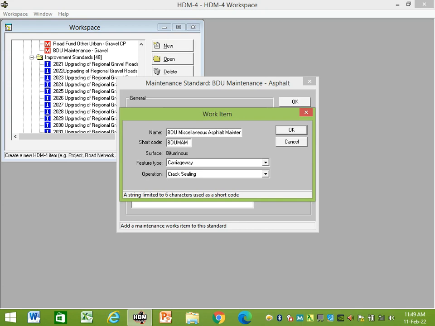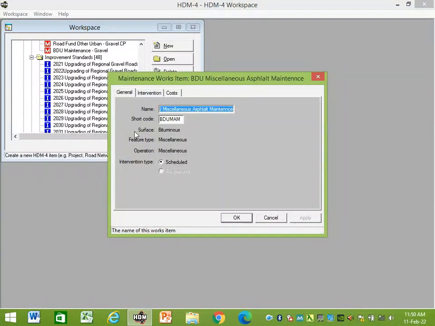BDU miscellaneous asphalt maintenance. Feature type: miscellaneous, everything. Okay.